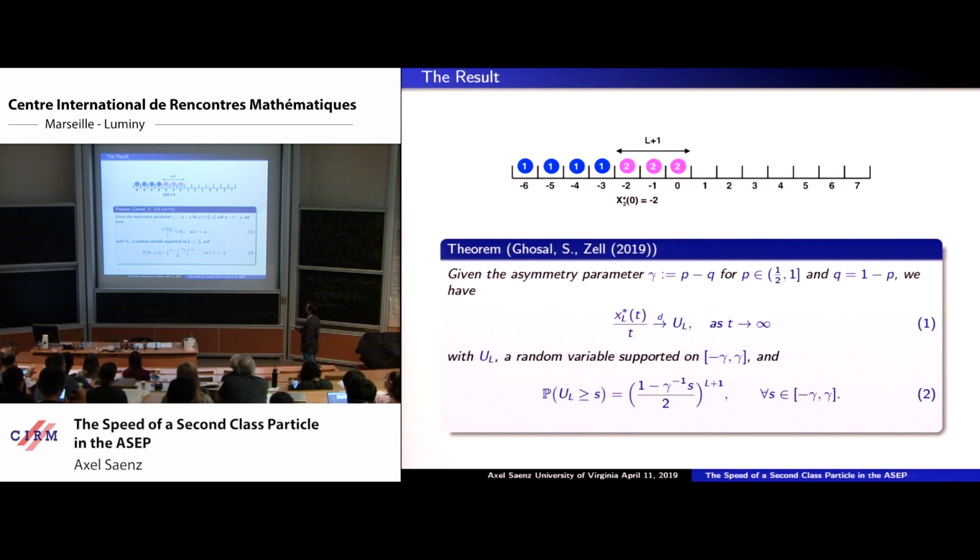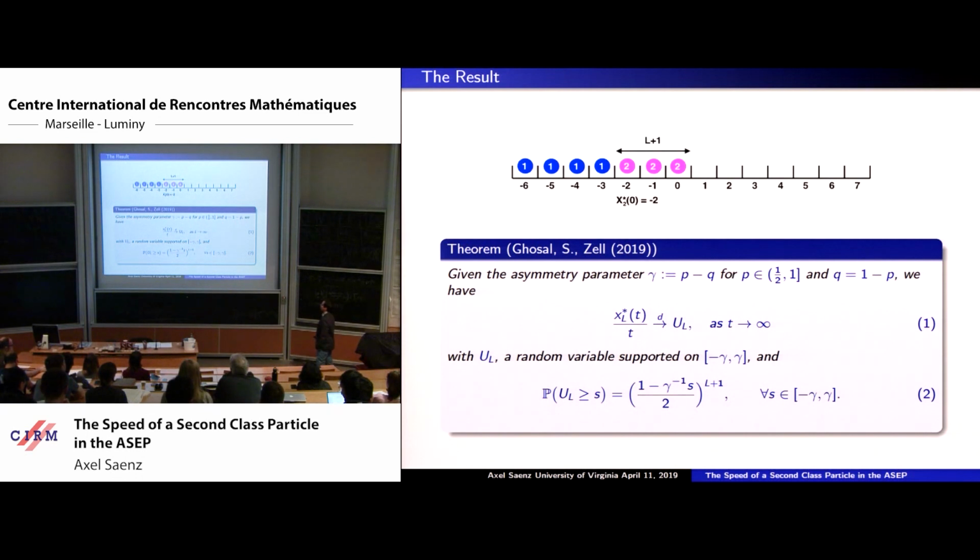When we scale by t and take the limit as t goes to infinity, we see that the CDF, or 1 minus the CDF, is actually given by this distribution, where we have the same asymmetry parameter written right here, except with p minus q, because we're going in the opposite direction.